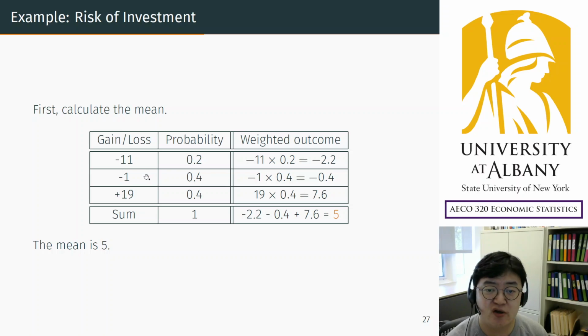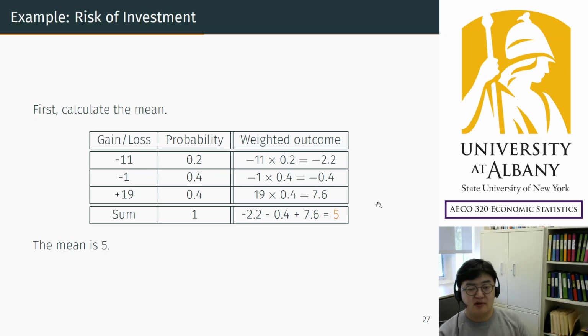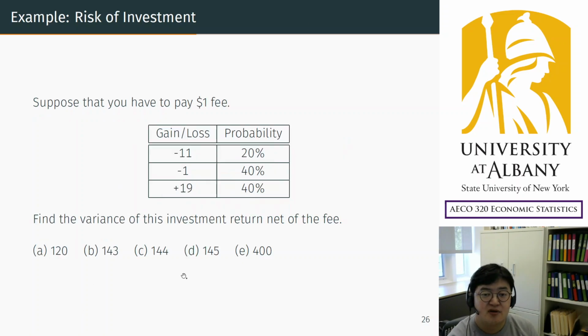First, you have to calculate the mean because you have to capture the center. And the mean would be changed because you subtracted 1. The way you calculate the mean is the same, but as a result, you get 5. And if you are clever, you don't need to do this calculation because you are subtracting 1 from everywhere.